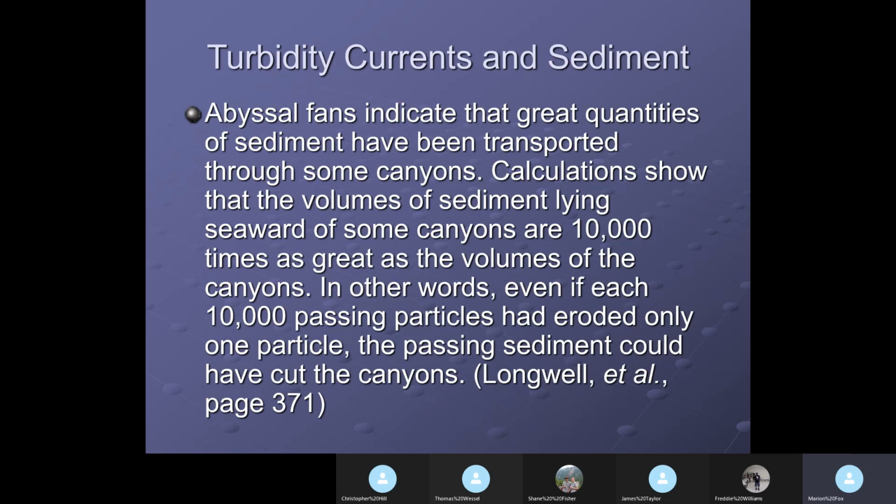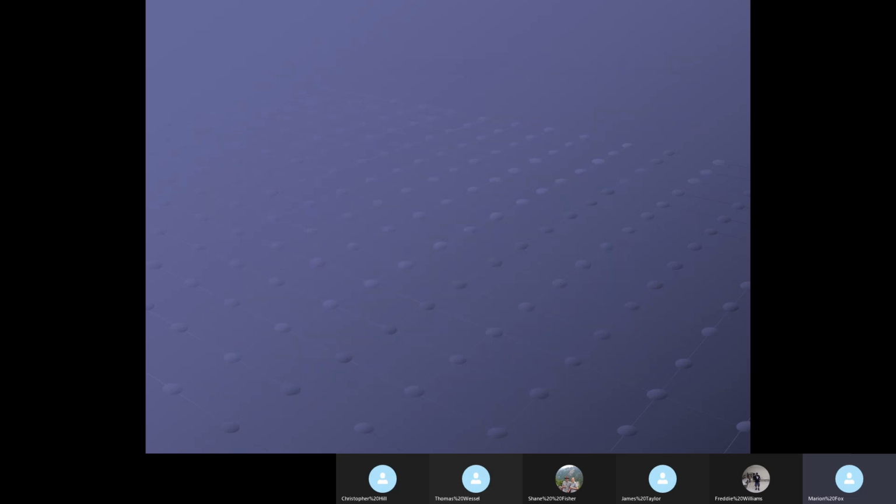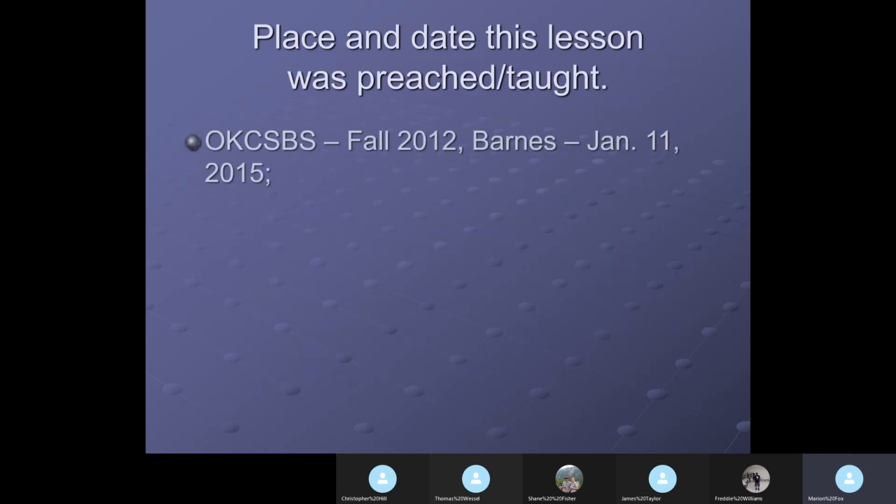Even if 10,000 passing particles had eroded only one particle, the passing sediment could have cut the canyons. So they're claiming that the sediment cut the canyons as it flowed through. But they're arguing for turbidity currents, which they cannot even find. Only small ones can they find.